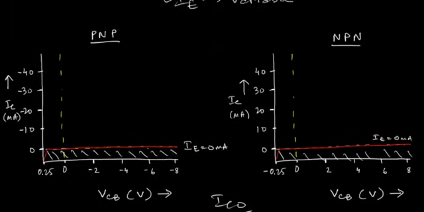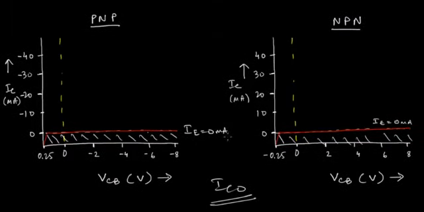When we keep the emitter current at 0 milliamps, that means we're not applying any forward bias voltage on the emitter base junction, then the collector current is just equal to ICO, the reverse saturation current present in the reverse biased collector base junction.